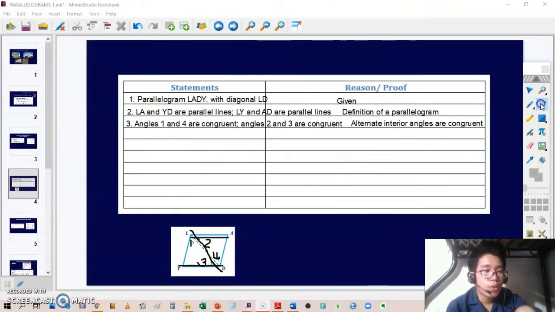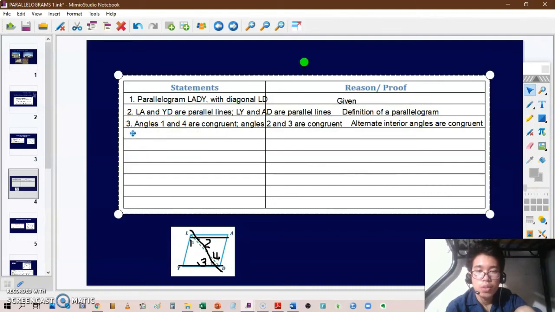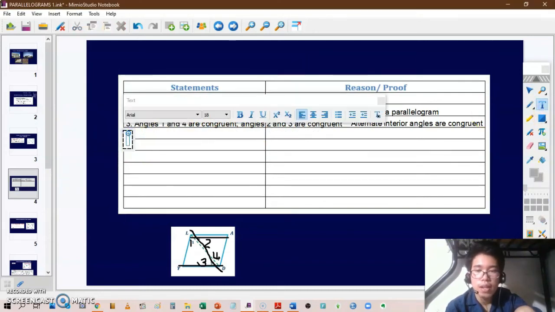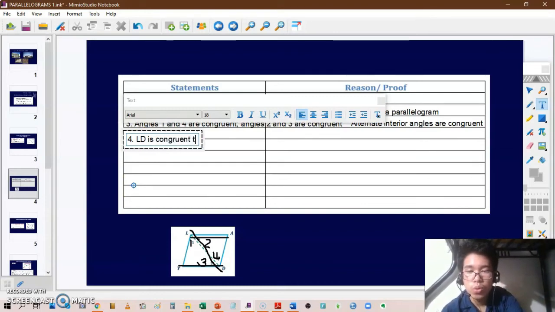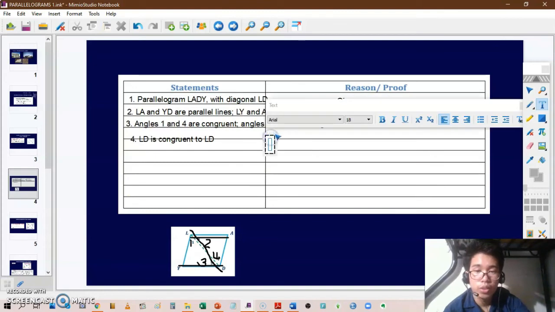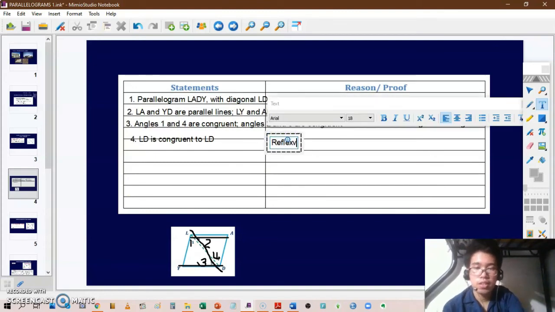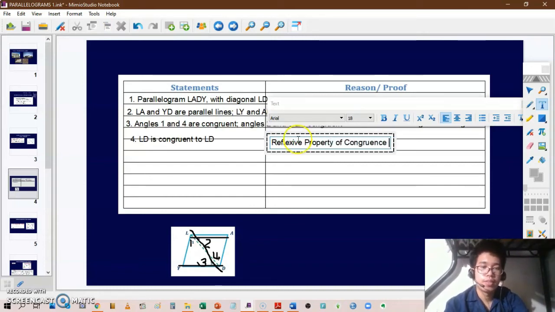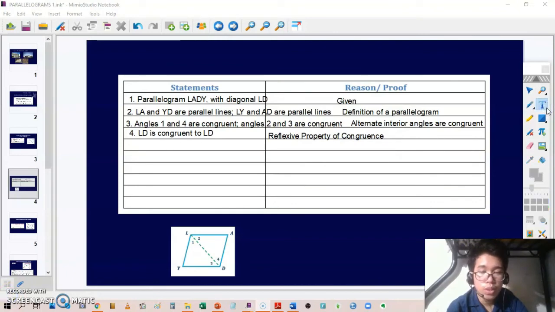For our fourth statement, since we've already established two congruent pairs of angles, angles 1 and 4 and angles 2 and 3, we can also state that the diagonal itself is equal, of course, to itself. So LD is congruent to LD, and the reason for that is the reflexive property of congruence.